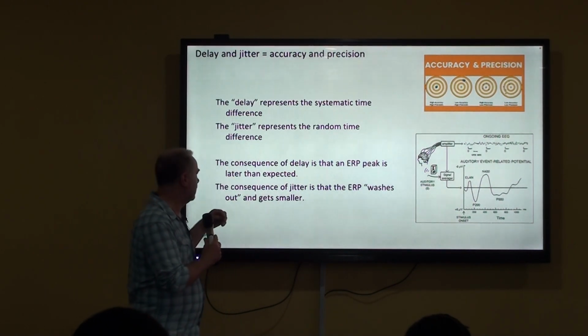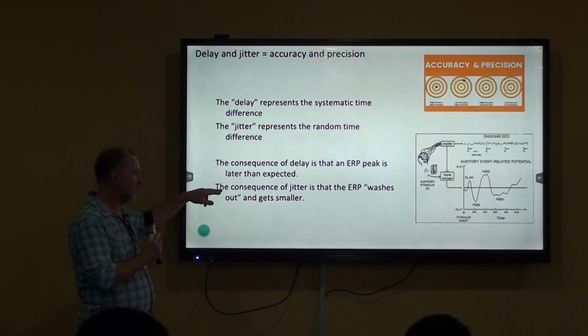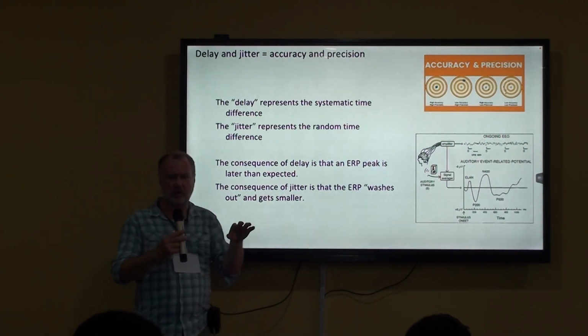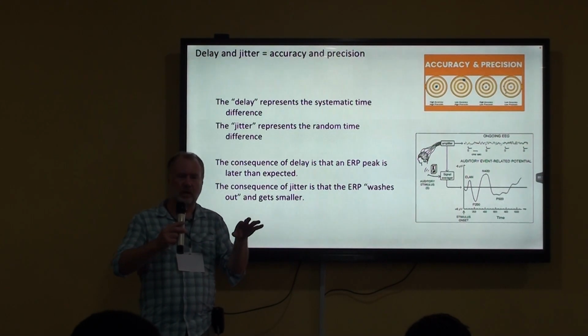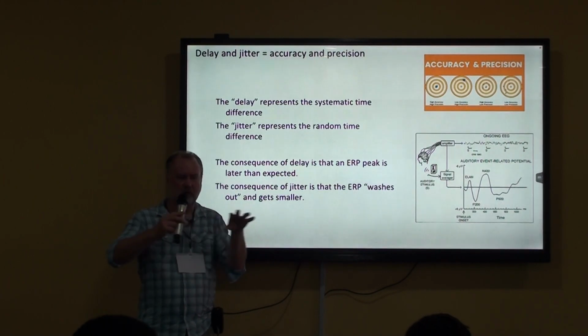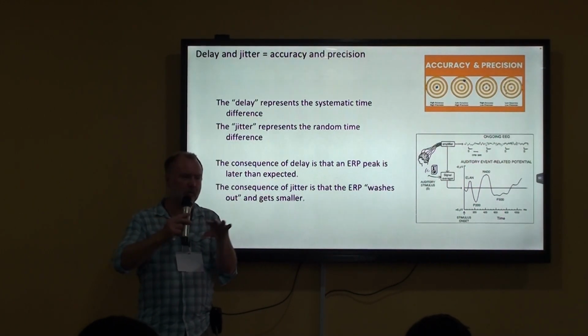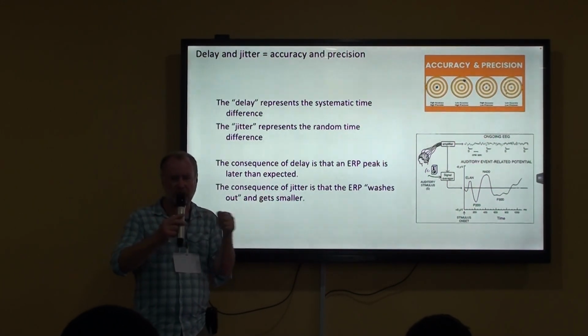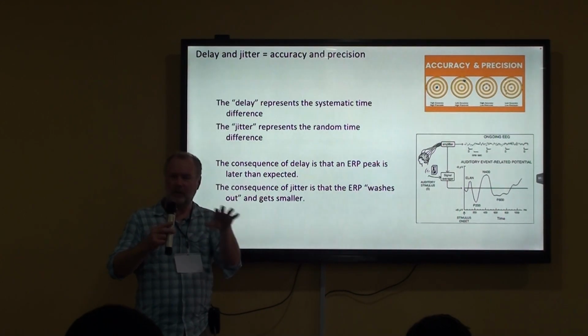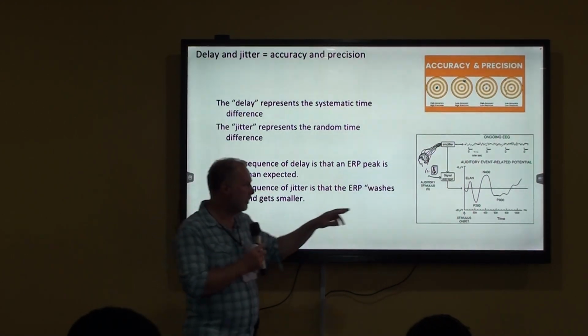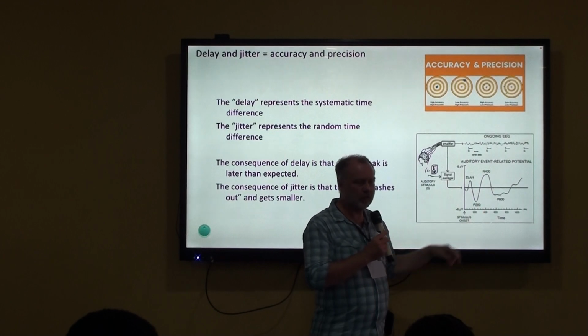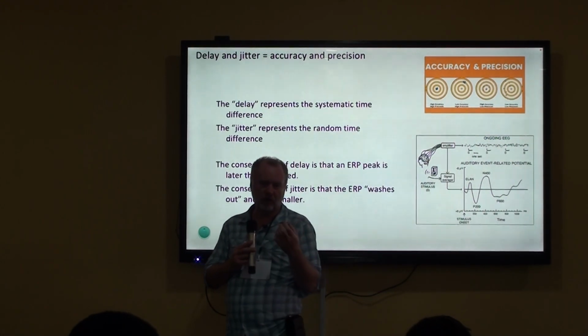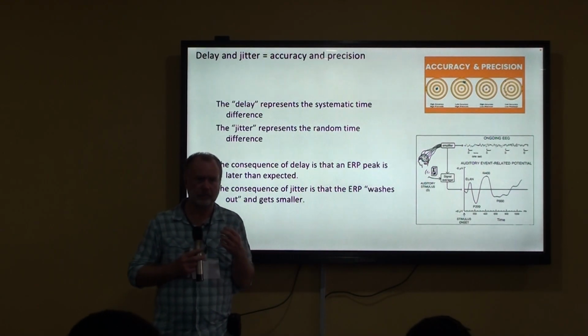What is more problematic is jitter, where each trial is randomly shifted. It's like taking a photo while you're moving the camera. Everything gets blurry, and the peak amplitudes are going to get much smaller. If the jitter is large enough, you're not going to see anything.